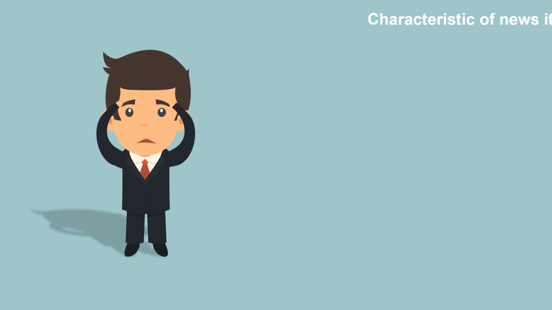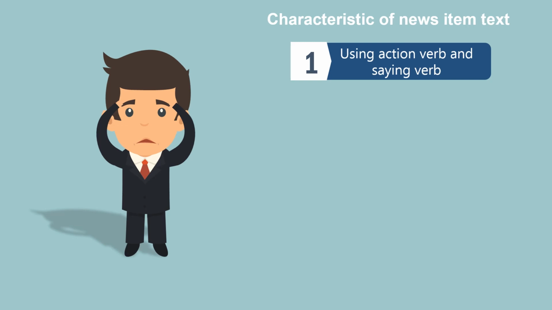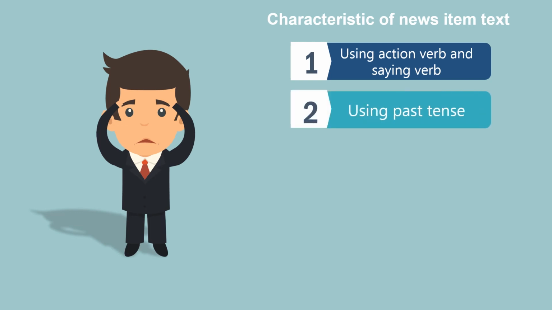Well, students, before you start your news item text, there are some specific characteristics of news item text, namely, first, the use of action and saying verbs. Next, the use of past tense. Past tense is used in composing news item text because news item text tells about past events.